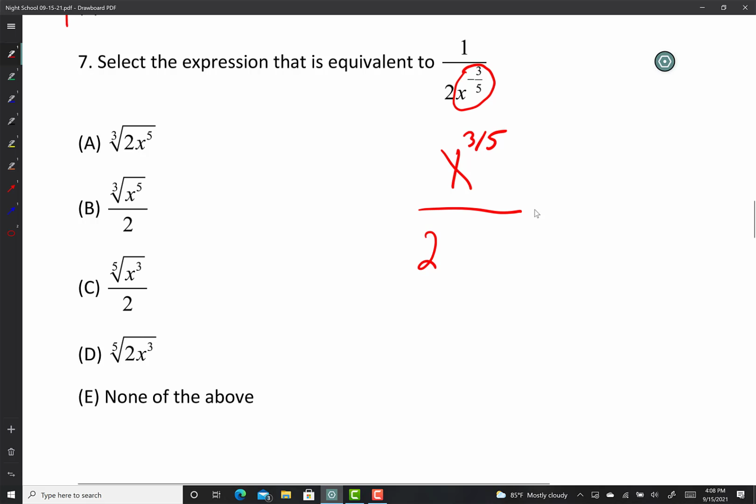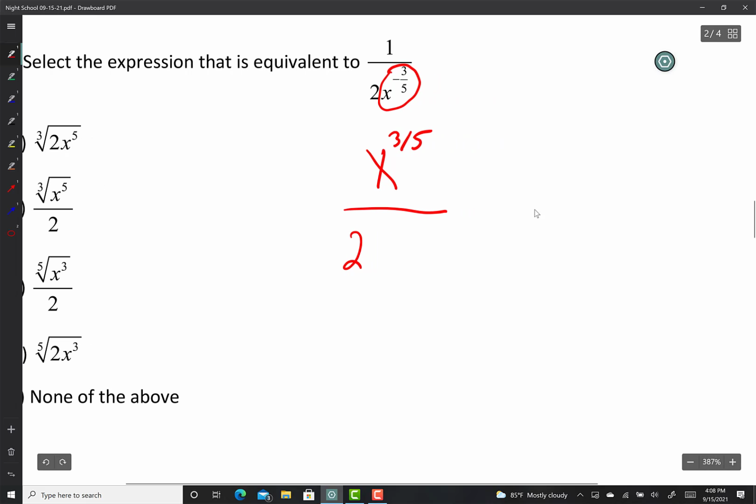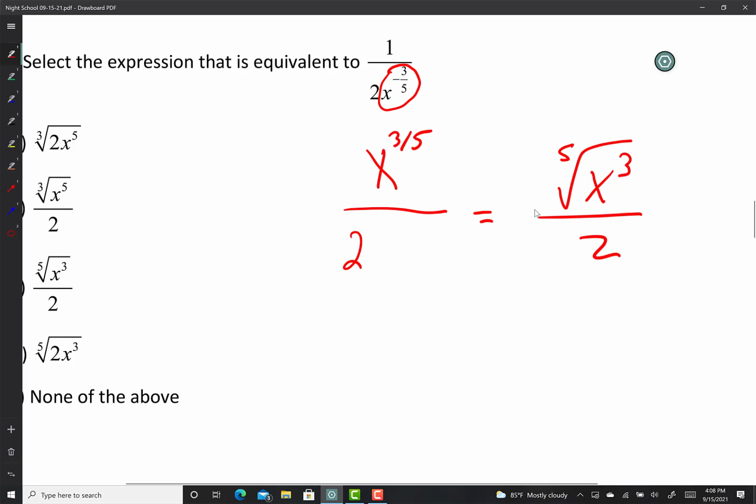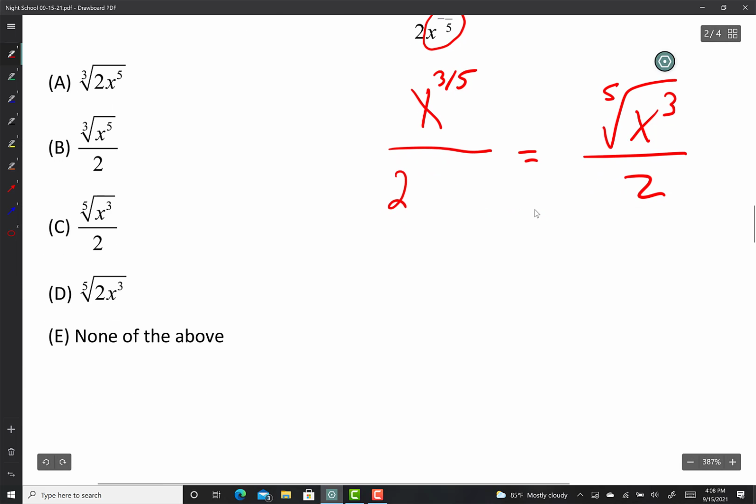The 2 stays in the bottom. We always trick someone with that. So now, what does that mean? 5th root of x cubed with the 2 in the bottom. They could have also written half in the front. So we look for that answer. And that answer is perfect. C. How do we feel?